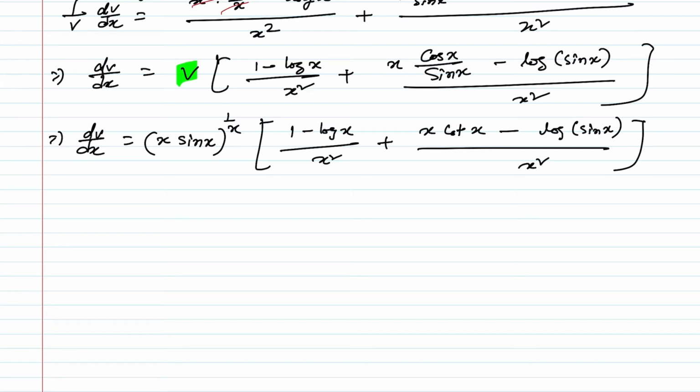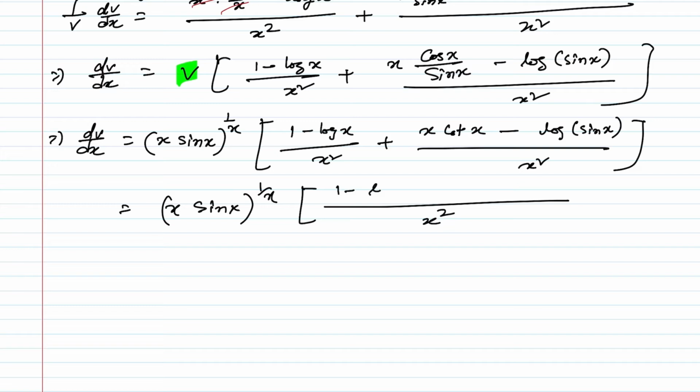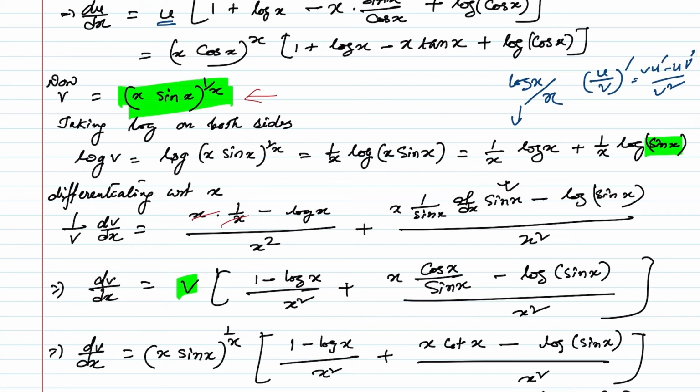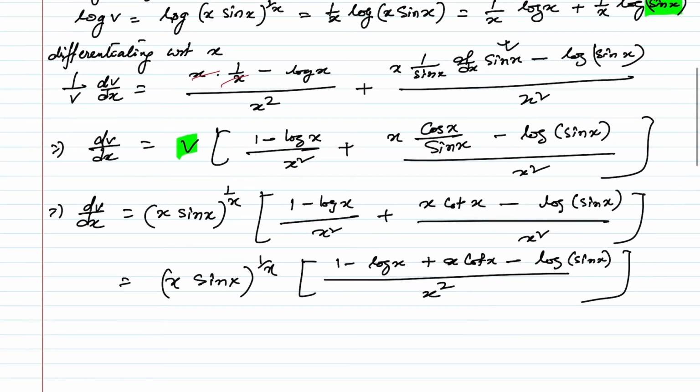It can also be written as (x sin x) to the power 1 by x, and here we can take LCM: x square (1 minus log x) plus x cot x minus log of sin x. So this is dv by dx, and we have got du by dx here. Using these two values we can find dy by dx.